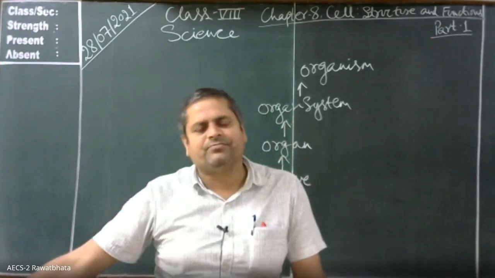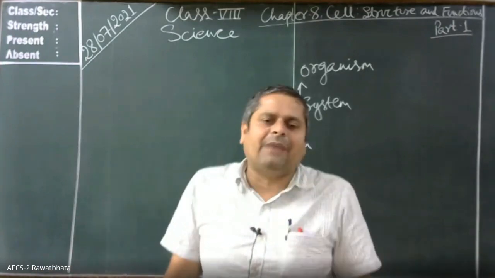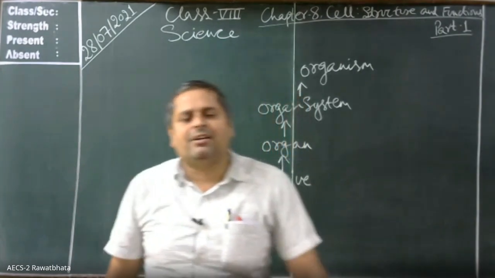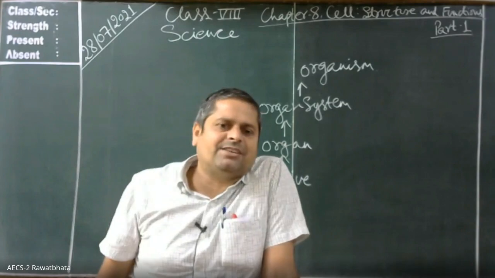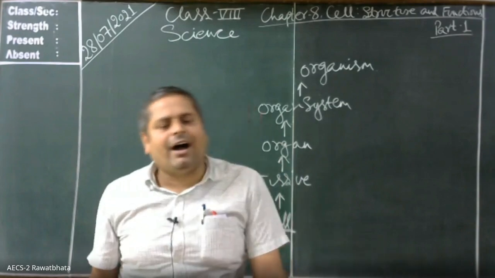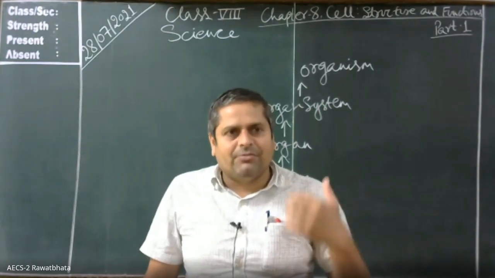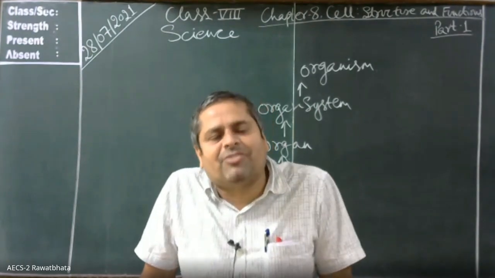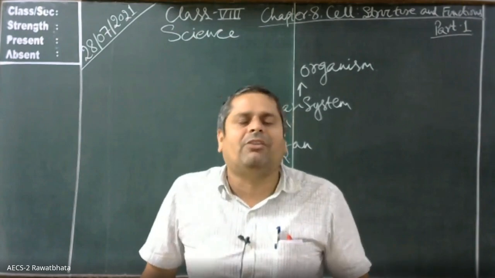Now there are different types of organisms based on the number of cells that they have. Organisms like human beings which have millions and trillions of cells are called multicellular organisms.